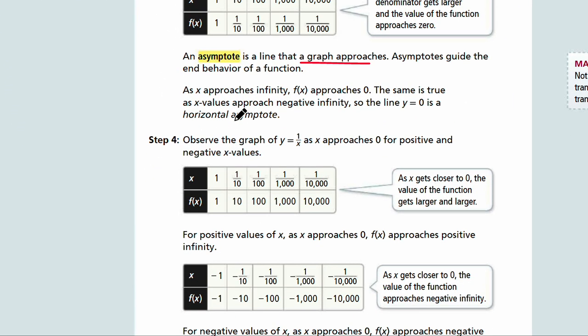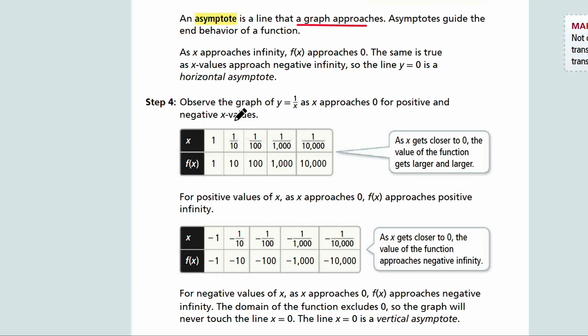Yeah. So this is also the vertical asymptote. In a reciprocal function like this, asymptotes are very important because they will tell you where your graph should approach and how your graph should look.